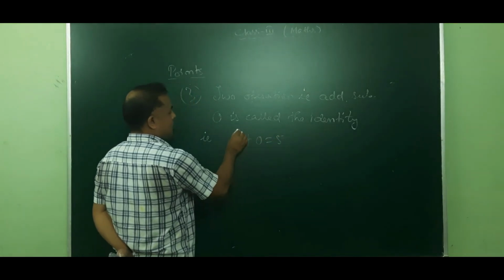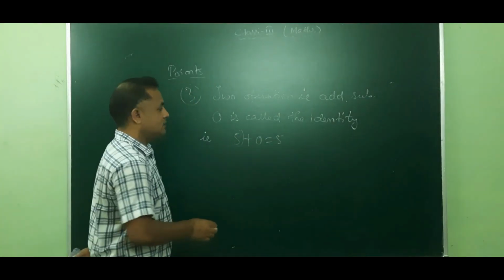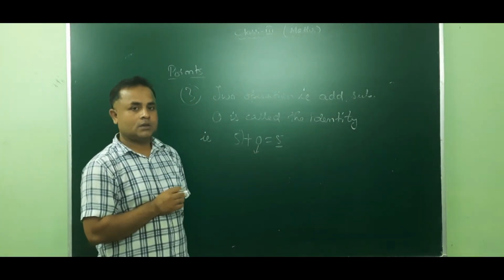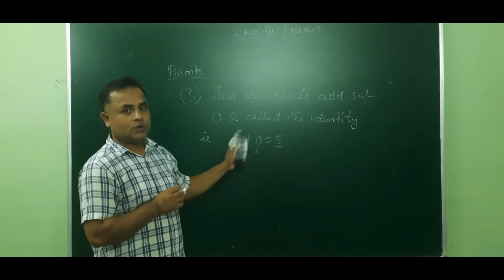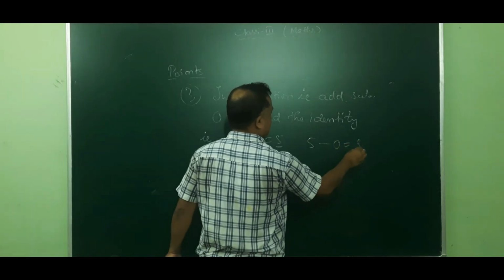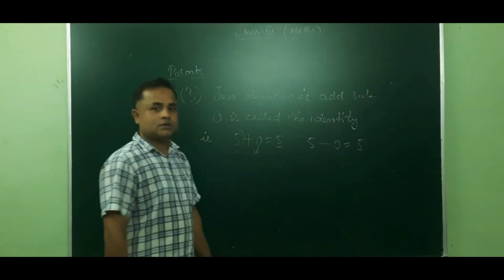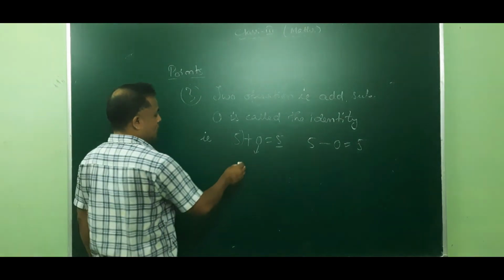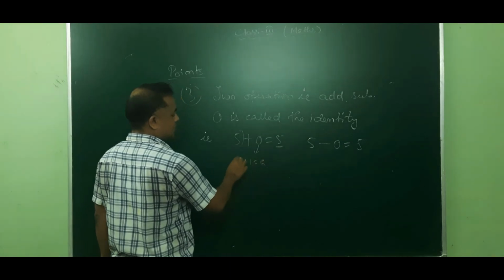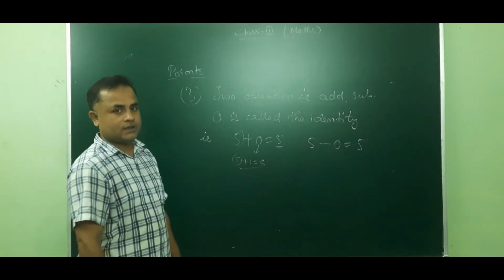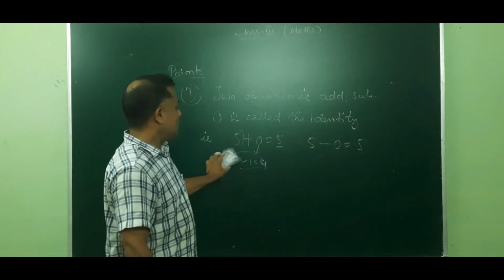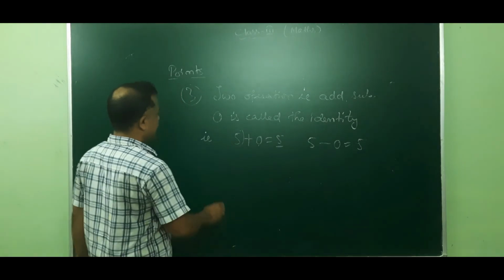That means when we add 0 to a number, we get the same number. That is why 0 is called the identity. The same number does not change. Again in subtraction also, 5 minus 0 is 5. The number does not change. But if I write 1, 5 plus 1 means 6. The number changes. So 1 is not the identity. If I subtract also, it becomes 4, the number changes. So 1 is not the identity.